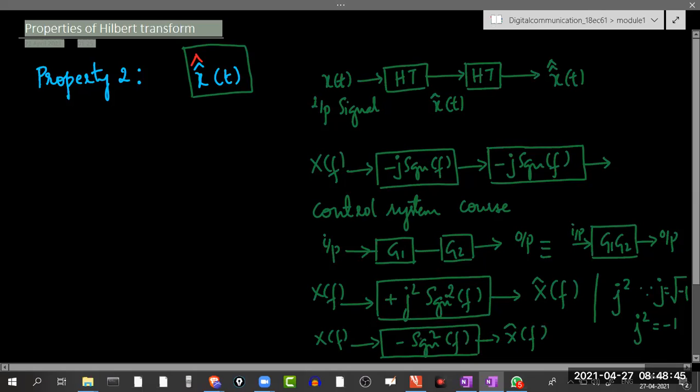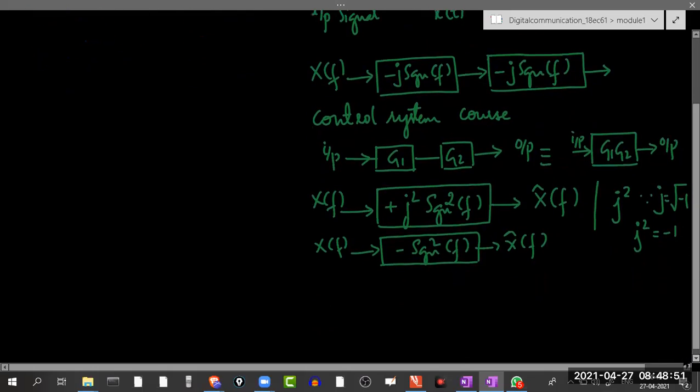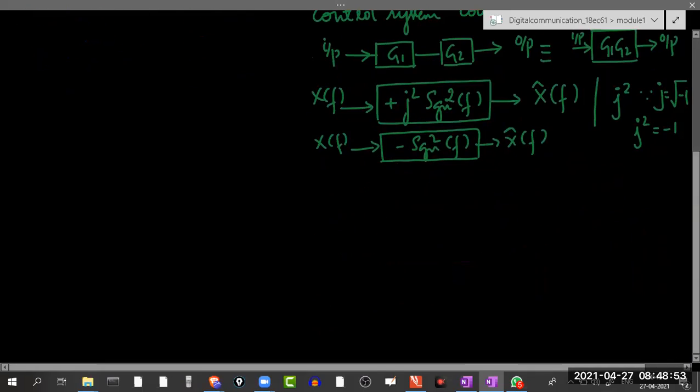And what is happening to this signum square? What was the signum function actually? We all know its shape. Signum function of f can be thought of as equal to +1 for frequencies greater than 0, equal to 0 for f equal to 0, and it takes amplitude value -1 for frequency lesser than 0.